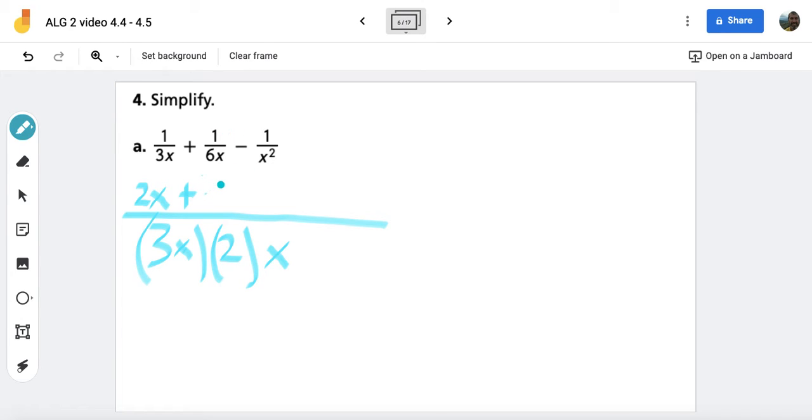So 1 times x is x, and then it's a minus. This one is x squared, x and x, so it's just missing the 6. 6 times 1 is 6. So in the numerator I have 2x plus x, which is 3x, minus 6. And in the denominator I have 6x squared.